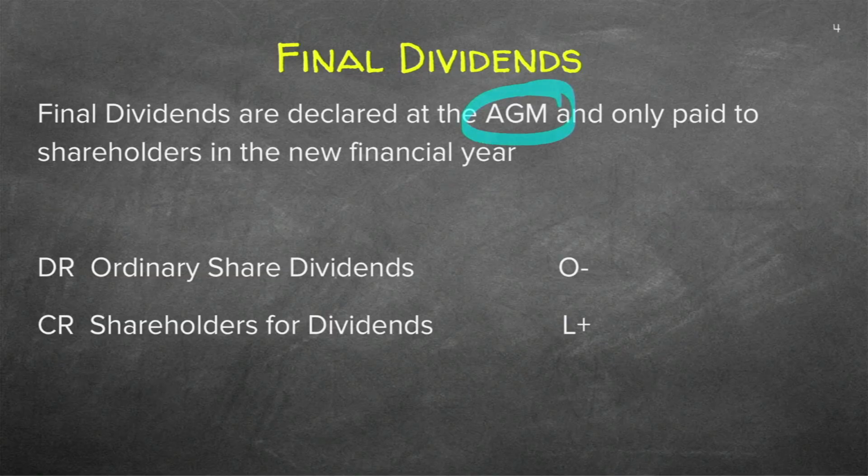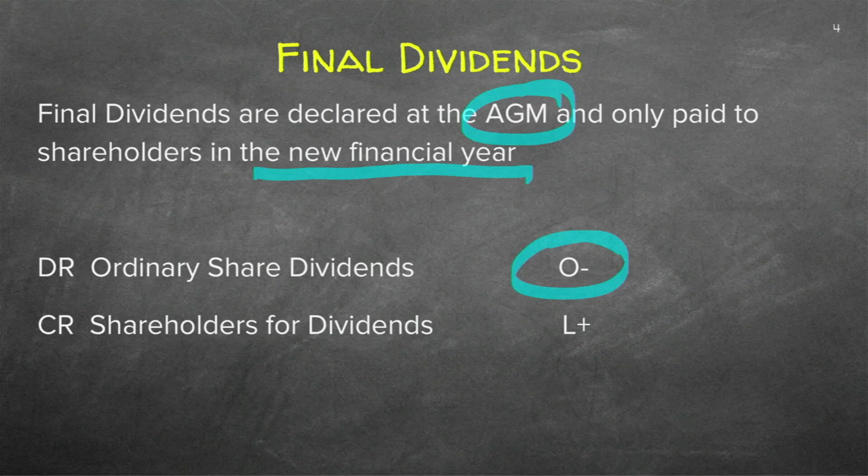It stands for Annual General Meeting. And this final dividend is declared at the AGM, and obviously is only paid to shareholders in the new financial year. So again, I'm going to debit ordinary share dividends because that's what I'm dealing with.